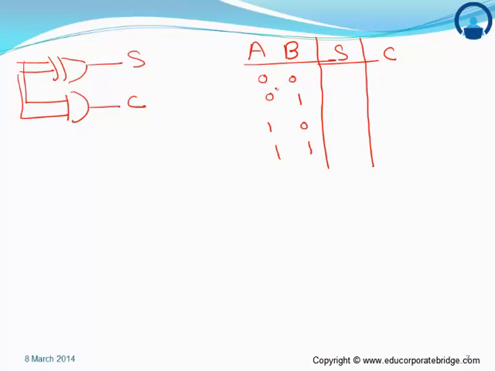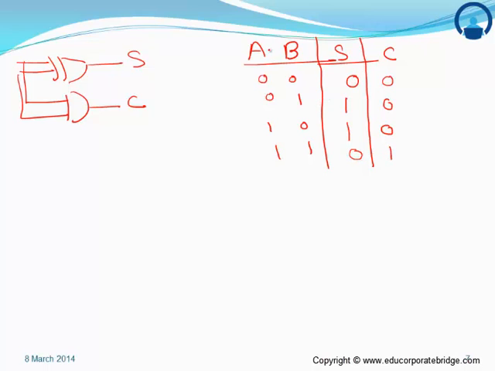That is, 0 plus 0, the sum is 0 and the carry is 0. 0 plus 1, the sum is 1. Since there is no carry, the carry is 0. 1 plus 0, the sum is 1, and again no carry, so the carry is 0. 1 plus 1, the sum is 0 and the carry is 1.